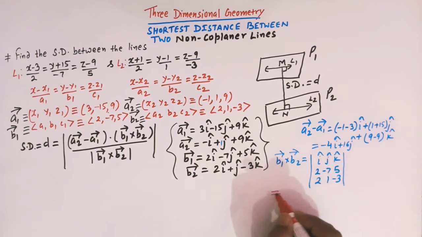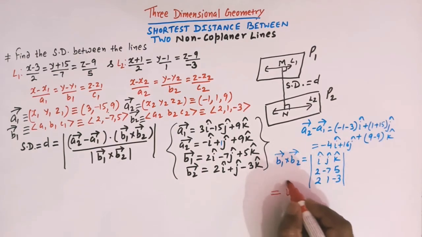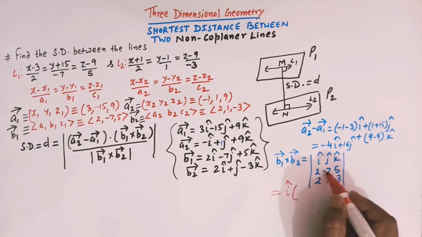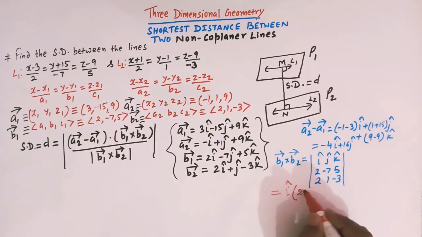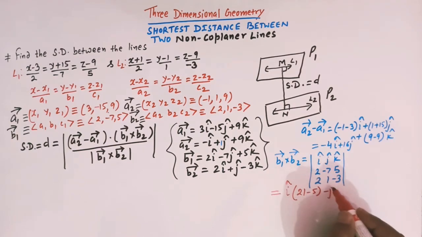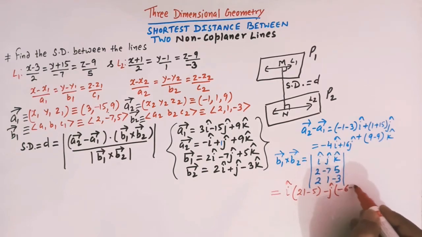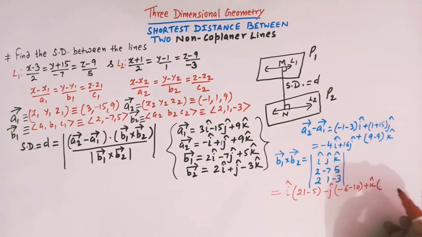So we have i cap times minus 3 times minus 7, that is 21, minus 5, then minus j cap times minus 6 minus 10, and then plus k cap times 2 plus 14.